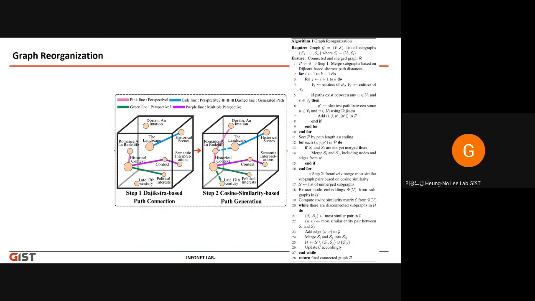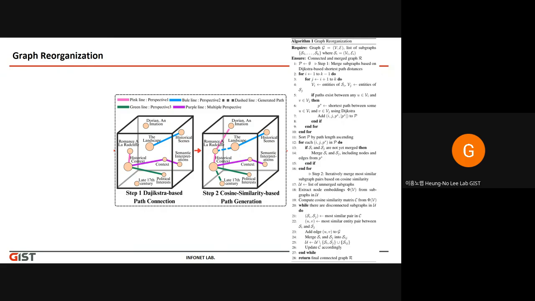Step 2 is similarity-based integration. Even after step 1, some subgraphs are still disconnected simply because there is no path in the graph. This is the main difference from vector-based RAG. In that case, we switch to a semantic approach.